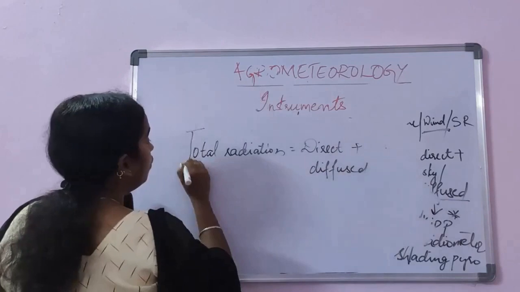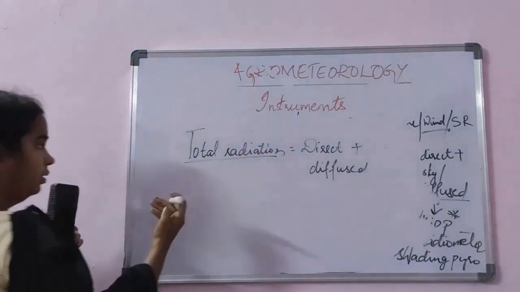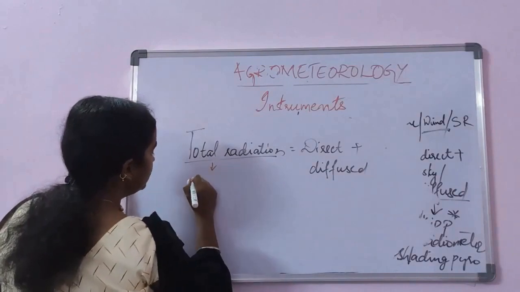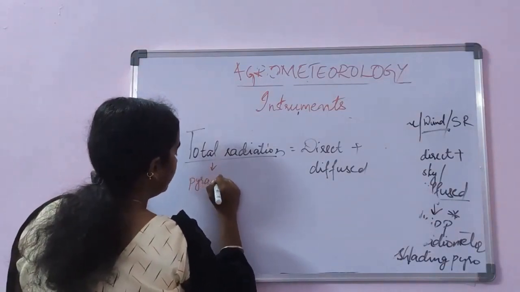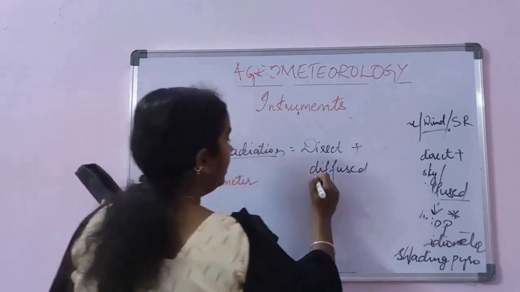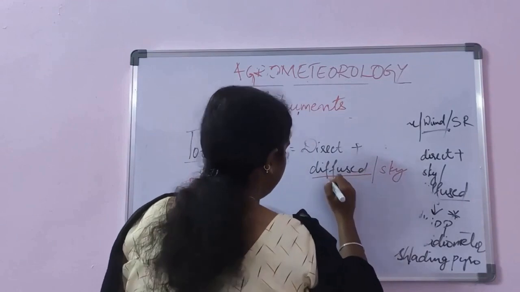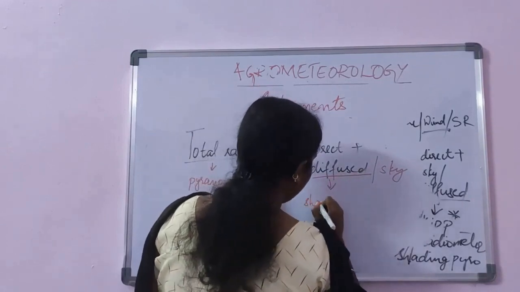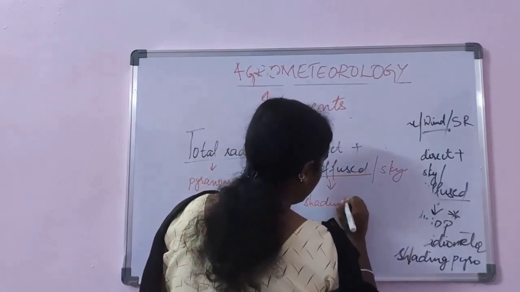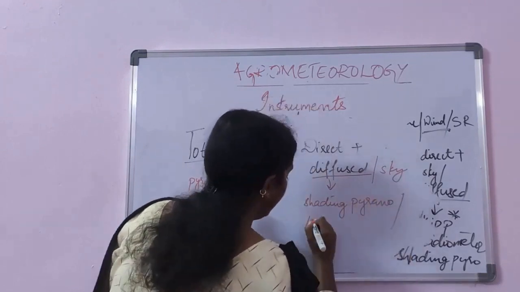As I told you, for total radiation, the instrument used is the pyranometer. And for measuring diffused or sky radiation, we have the shading pyranometer or Kipp radiometer.